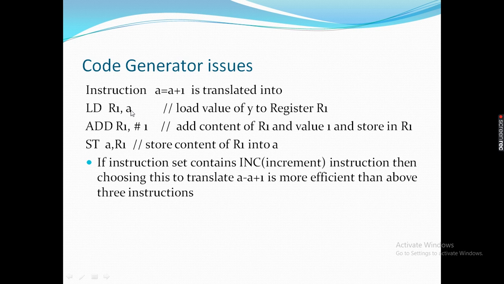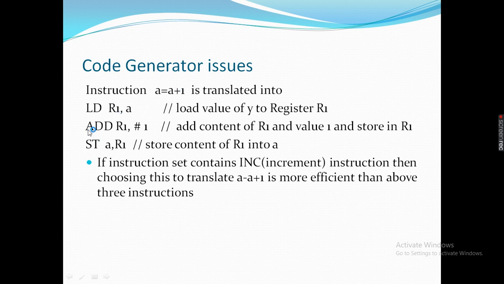This instruction will load the value of A into register R1. This is loading the value of A, this is not Y. Okay. Now the value of A is in register R1.